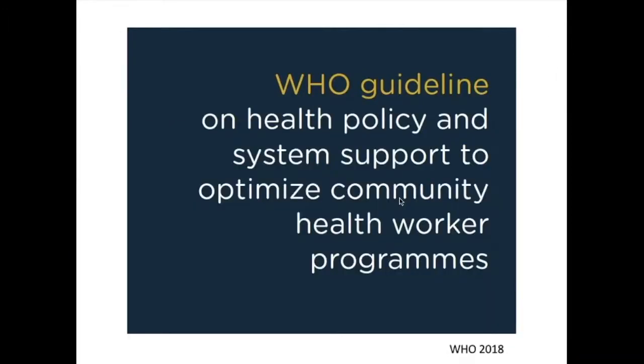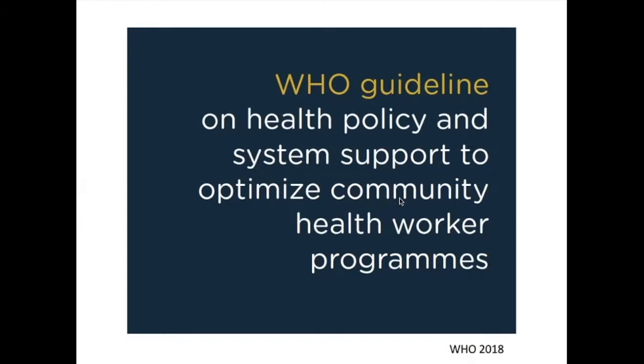So many of you will be familiar with the WHO Guideline on Health Policy and System Support to Optimize Community Health Worker Programs. It was a guideline launched last year to coincide with the 40th anniversary of the Alma-Ata Declaration, and it represents the culmination of a very rigorous international process to collate and synthesize the evidence on the health system elements of community health worker programs.